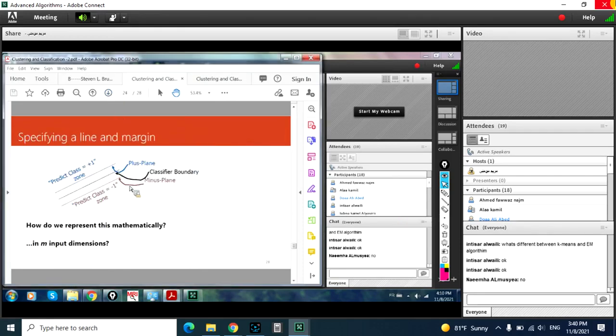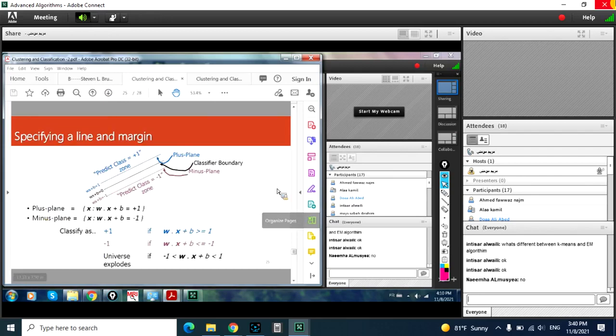Then we want to specify a line and margin. Our goal in the support vector machine is to specify this line and this margin.